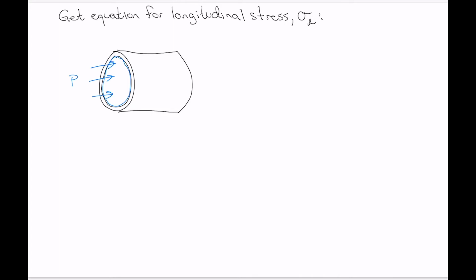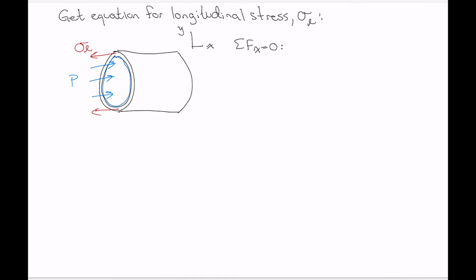So this is pressure P acting on that surface. And we know that the wall here is going to be under a state of longitudinal stress pulling back the other way. So if we want to do a sum of the forces equation in the x direction, balancing those, let's just do sum of the forces in the x equals 0 here, with this being the x direction and that the y direction. Then what do we have?